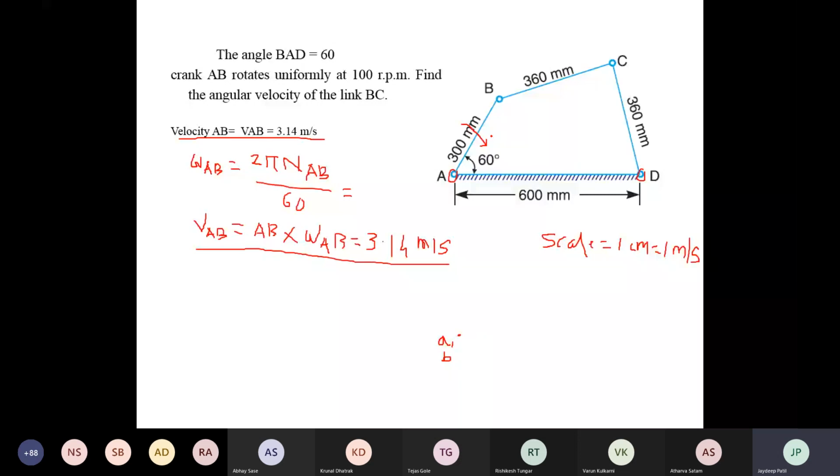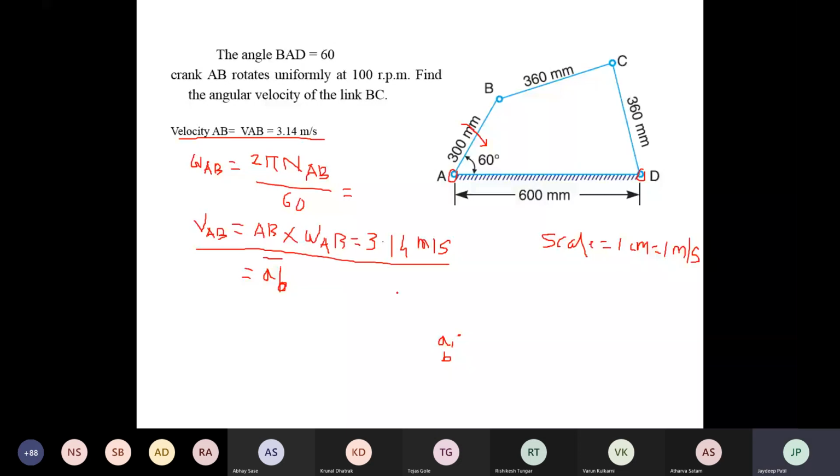You have to draw the first vector whose magnitude is known. We know the velocity of AB, which means we know the vector ab. The first vector you have to draw is the velocity of the link whose velocity is known. The velocity of link AB is known, 3.14 meter per second, so you have to draw the first vector ab.